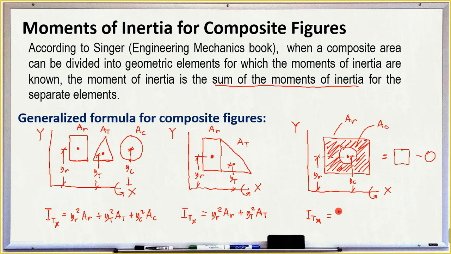So our total moment of inertia, so that is the moment of inertia of the rectangle along x minus moment of inertia of a circle along x. So for the rectangle, that is yr squared, area of the rectangle, minus yc squared, area of the circle.